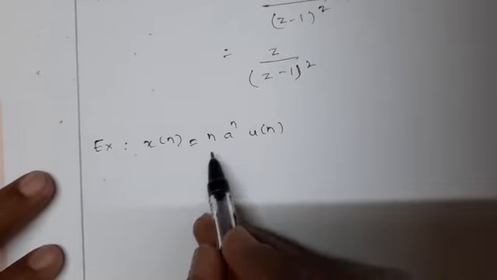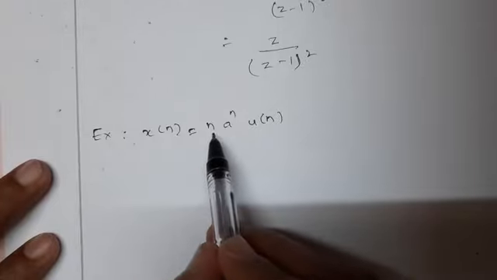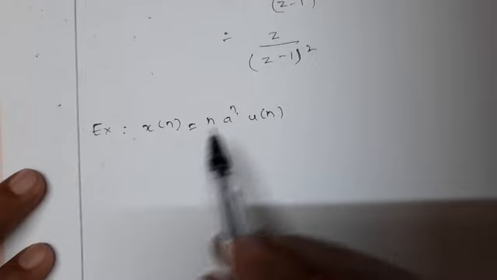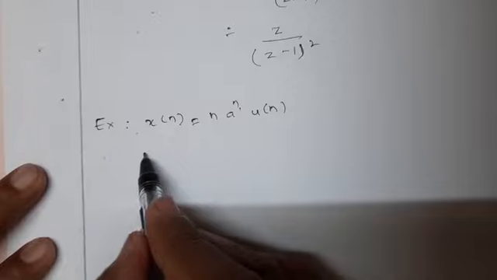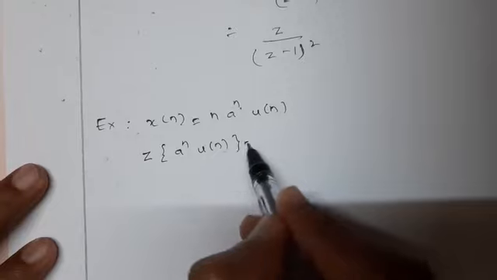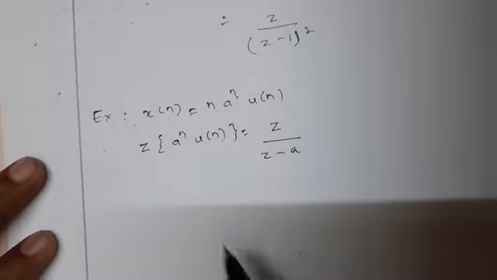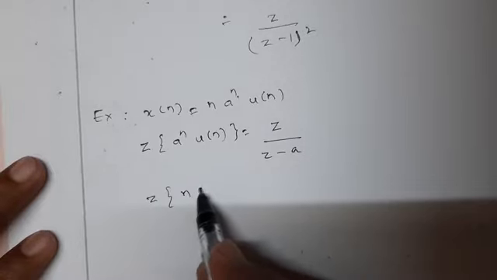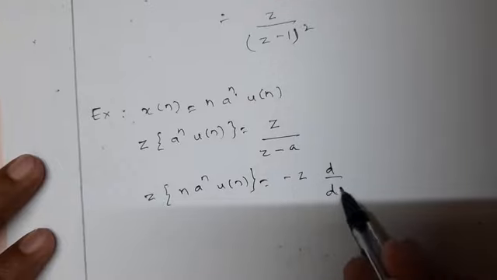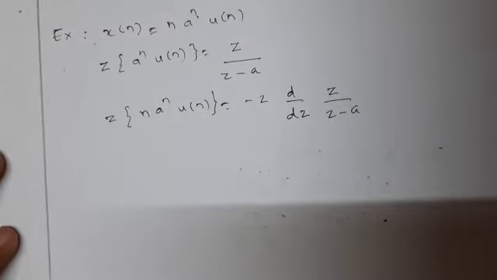X of n is n into a to the power n u of n. Again there are three terms now: n, a to the power n, and u of n. But since there is a to the power n u of n, you know what the z transform of that is. You need to find z transform of a to the power n u of n. What is it? Z divided by z minus a. Am I right? And now z transform of n into a to the power n u of n is minus z d by dz of z divided by z minus a.